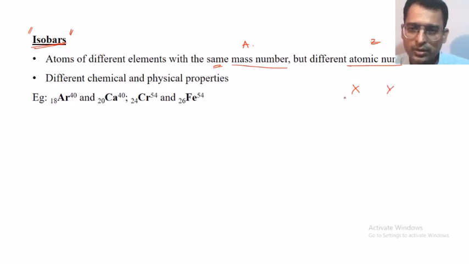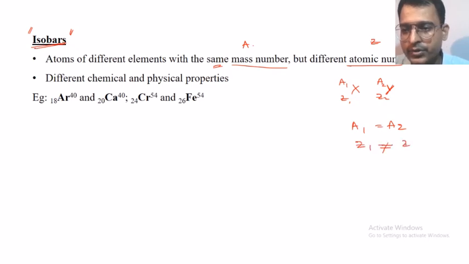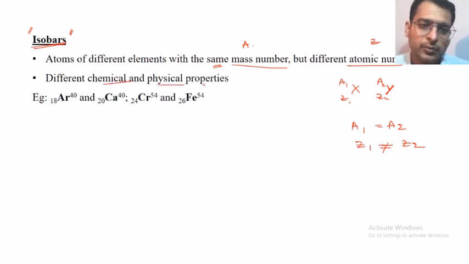If you take X and Y, the mass number of A1 is equal to A2, but the atomic number is different, that is Z1 is different from Z2. They have different chemical and physical properties.